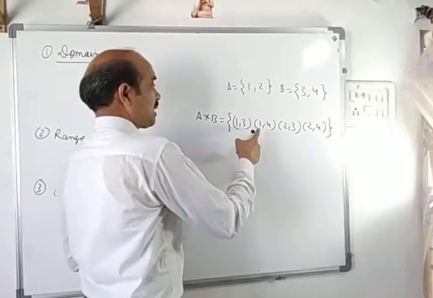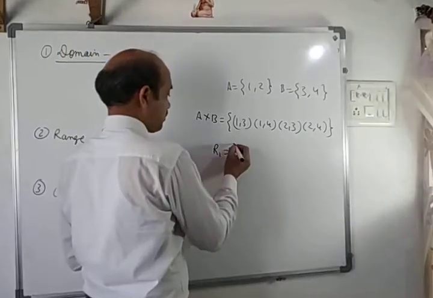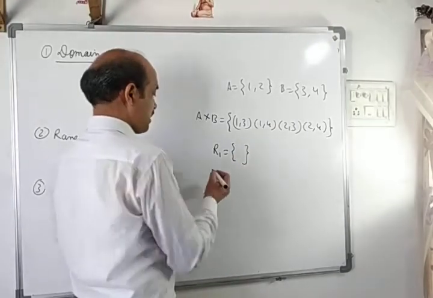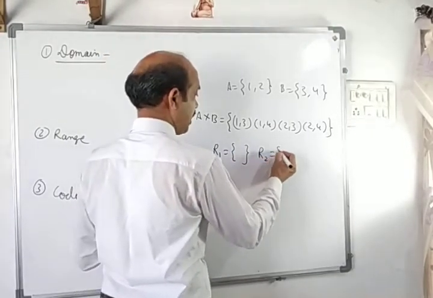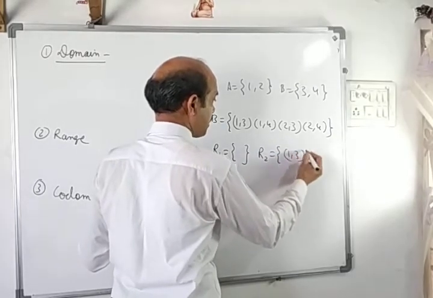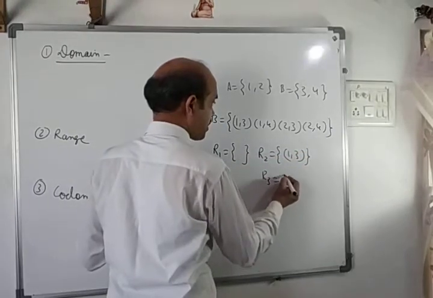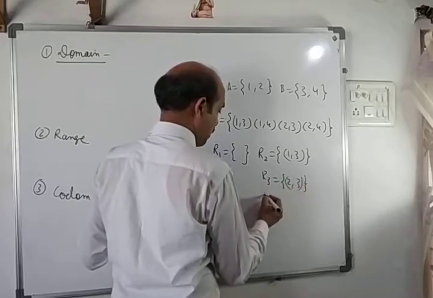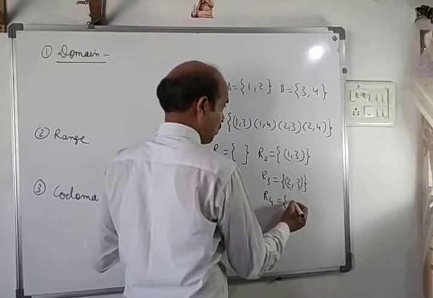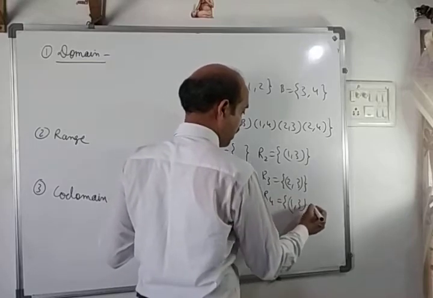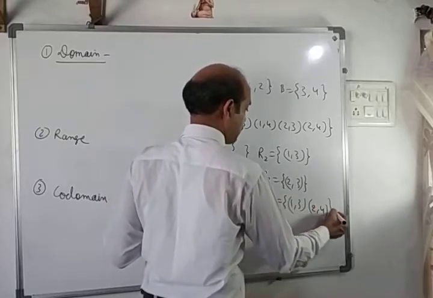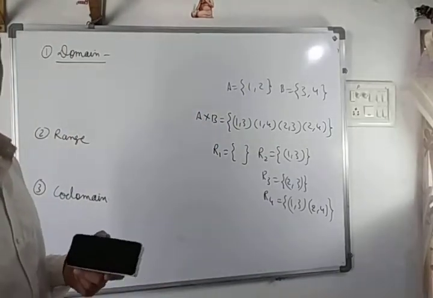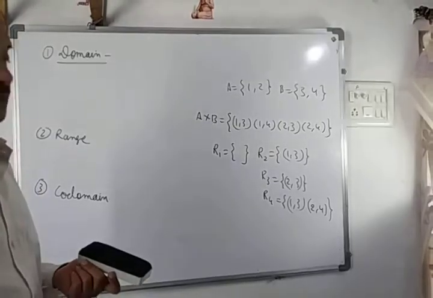Now from these ordered pairs you are making relations: first is the null set, this is also a relation. Another relation is by taking (1, 3). Third relation is taking (2, 3). One more is taking (1, 3) and (2, 4). So these are different possible subsets of A cross B as well as relations from A to B.